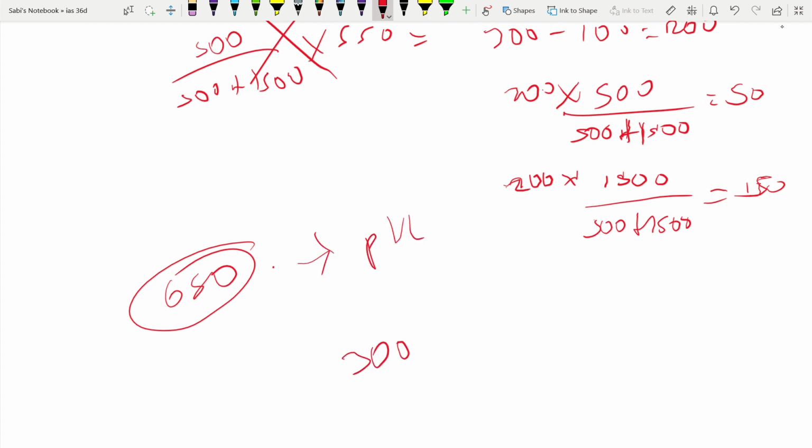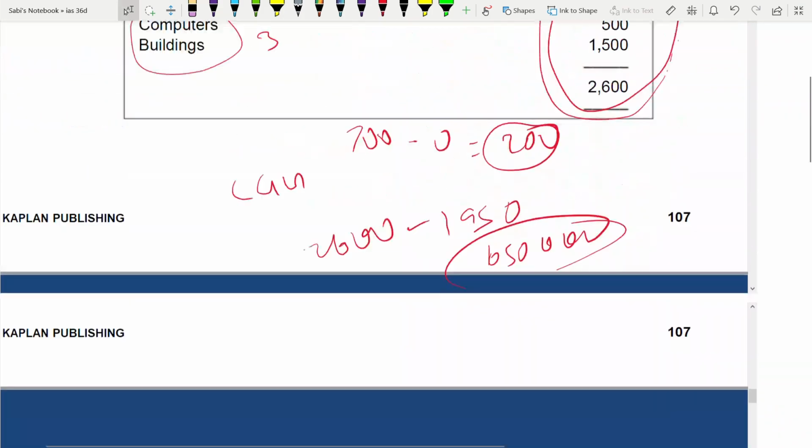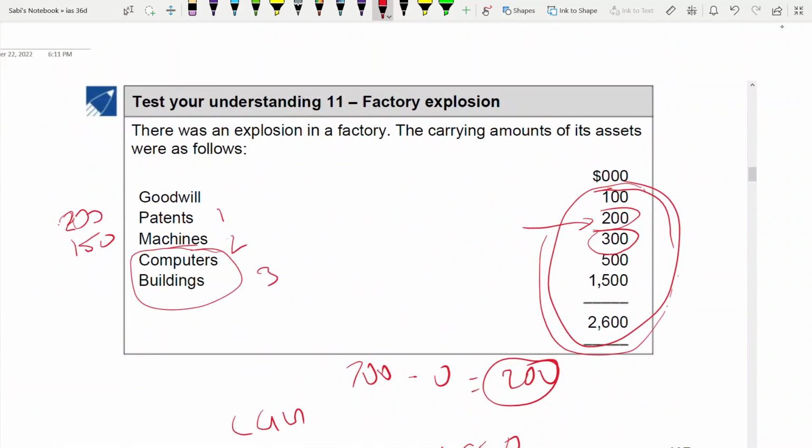This 300 comes from CGU, the table which we have calculated here, and the other two you can immediately find out. 200 from patent, 150 from machine, because they told patent is superseded, that means it is fully impaired. Machine half, that's why. And the balance, goodwill, computers and building, we take it in the CGU, and that's how we add the two impairments and tell that this is the total impairment which goes to P&L account.